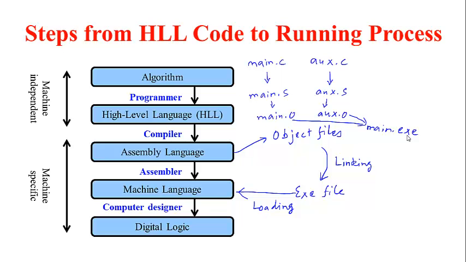This not only helps in programmability, but also in the fact that if one of the C files is changed, then not all of them need to go through this process of compilation and assembly. So in this example, suppose the programmer modifies something in this file aux.c, then we only need to compile and assemble aux.c into aux.o. The file main.c does not need to be compiled and assembled again.